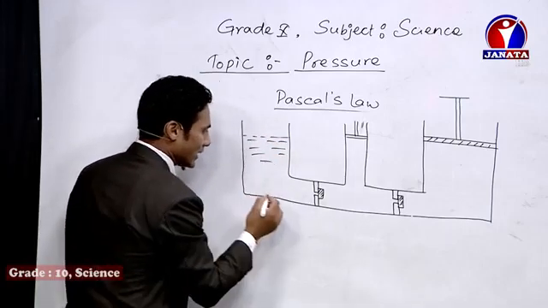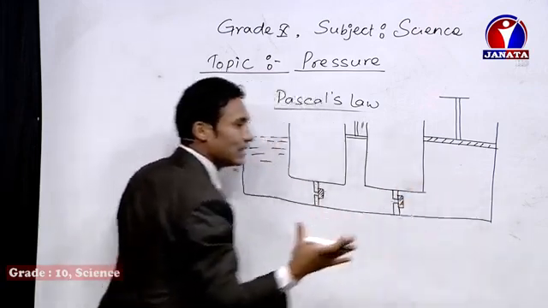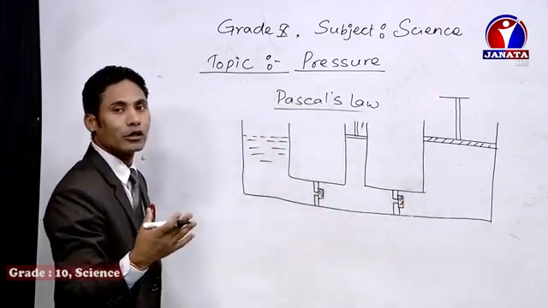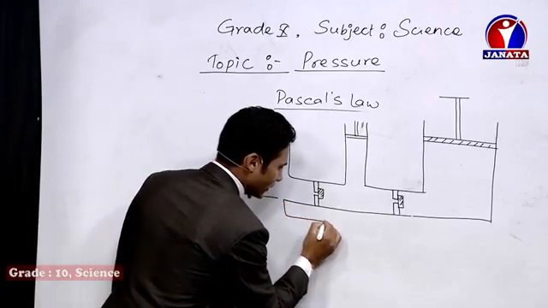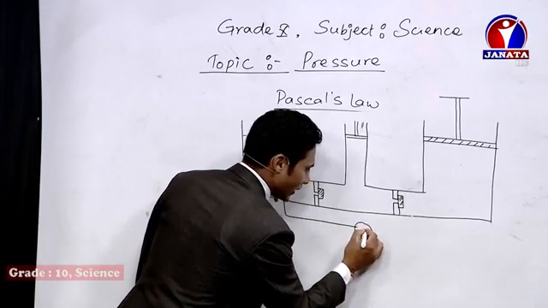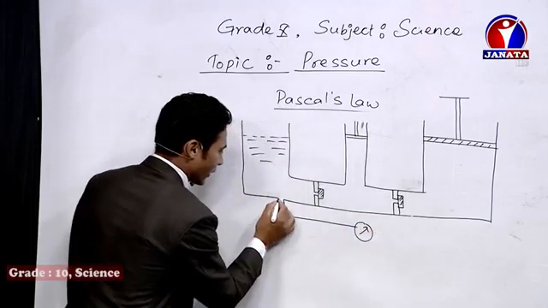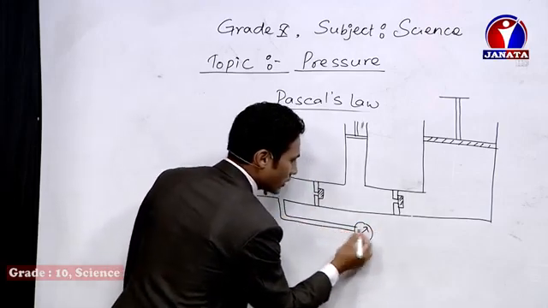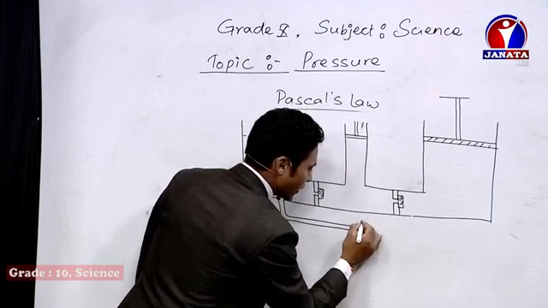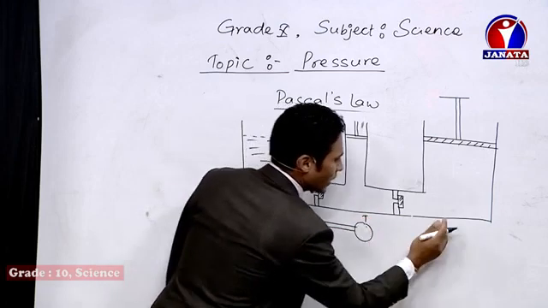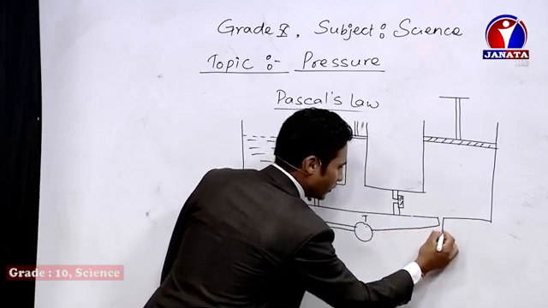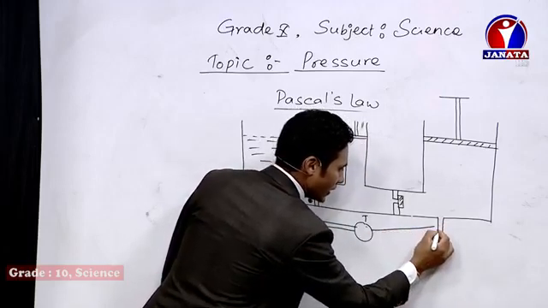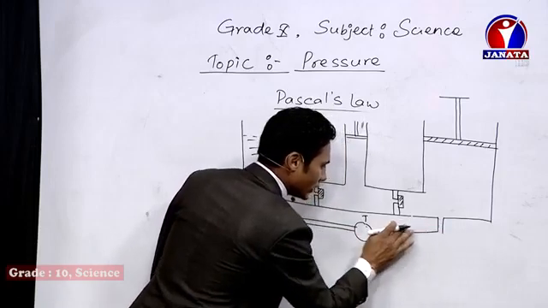The reservoir and the large cylinder are connected with a small tube, which is connected with the stopper. Let's say it is the stopper T.